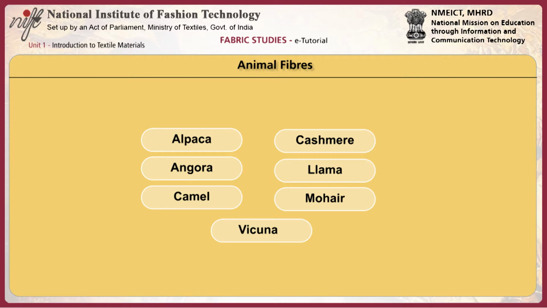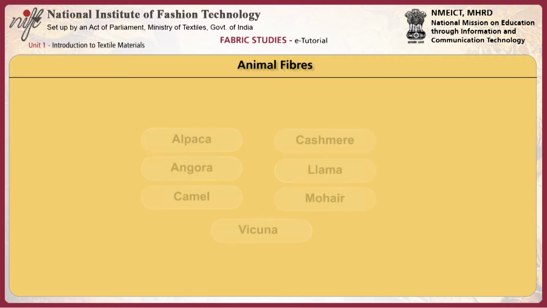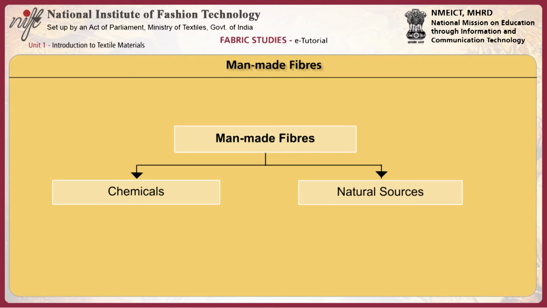Some of the special animal hair fibers sheared from various animals across the globe are alpaca, angora, camel, cashmere, llama, mohair and vicuna. Now that we have learnt about natural fibers, let us move on to man-made fibers.